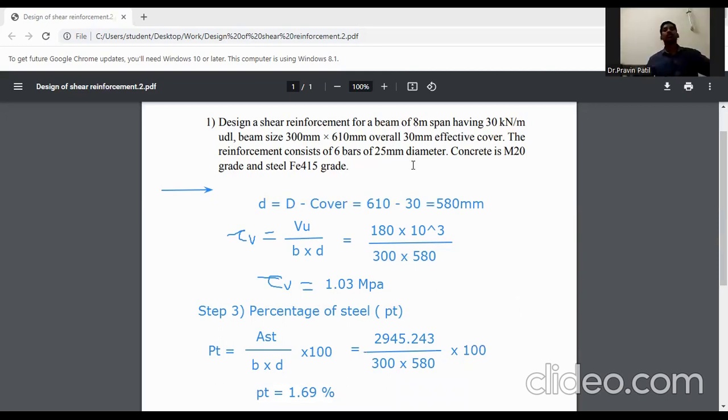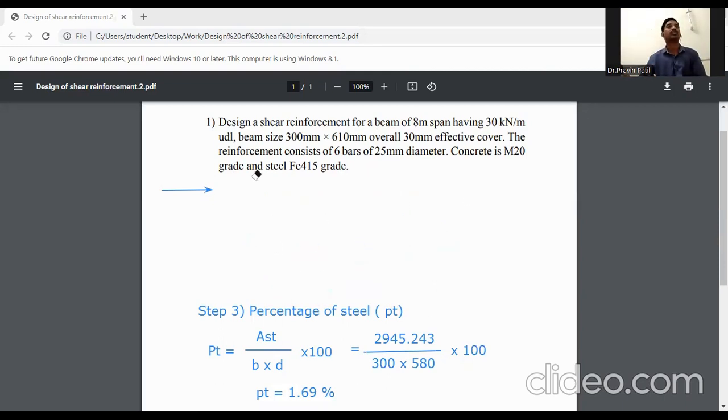So step number 4, design shear stress in concrete, that is called tau c.